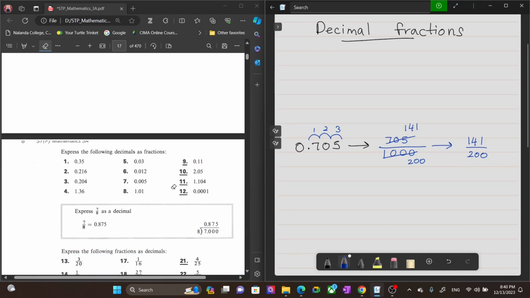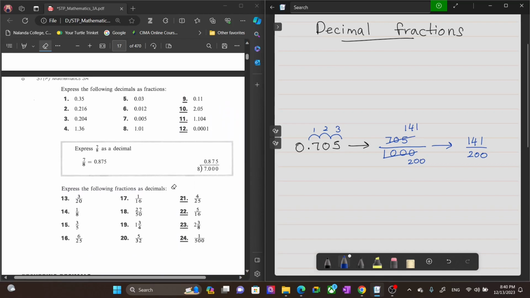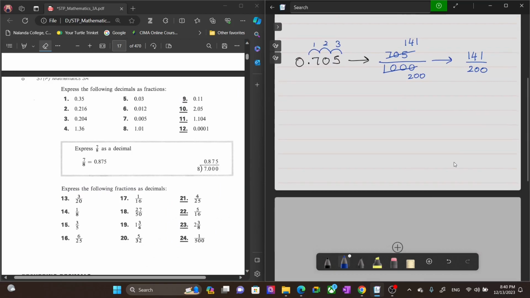Like that you can do all the other exercises. I will do some of them with you, then you can realize what we are doing here. The first exercise is 0.35. We count the decimal places: 1, 2.